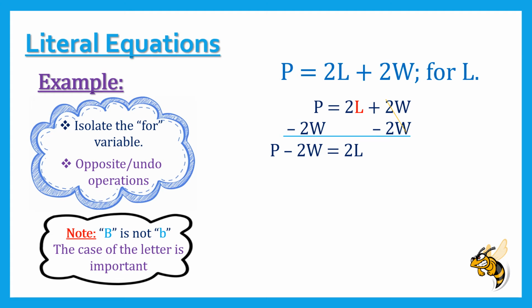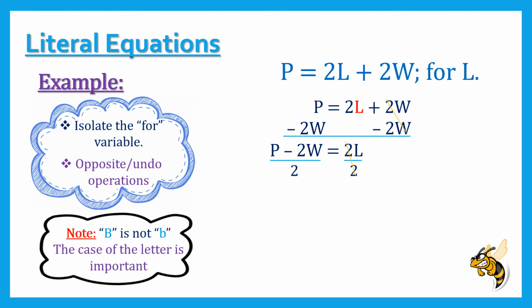We need the L to be in a singular state, so we need to remove that 2, which is a coefficient. And remember, a number in front of a variable means multiplication. The opposite of multiplication is division, so I need to divide both sides by 2. Remember we said all or nothing.